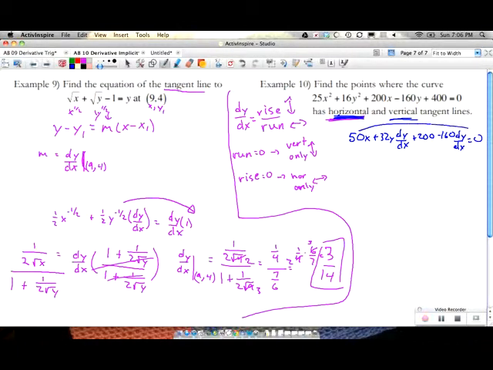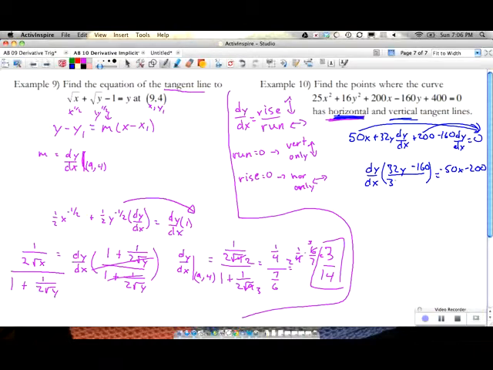Now if I were to simplify this, we're going to move the non-dy/dx terms over. So we have this dy/dx here. We'll have dy/dx times, well, we have a 32y minus 160 equals, and on the other side we're going to have minus 50x minus 200.